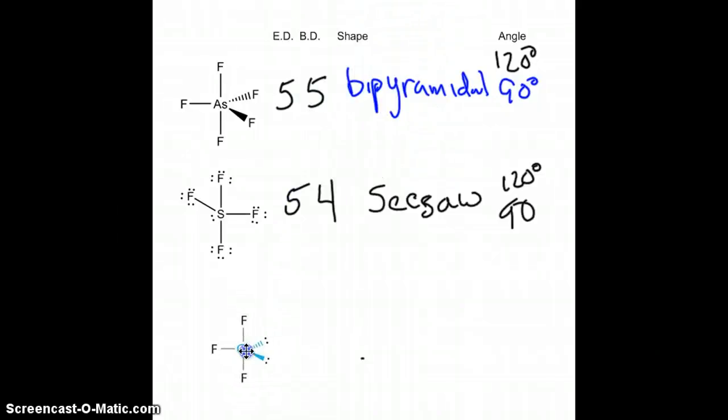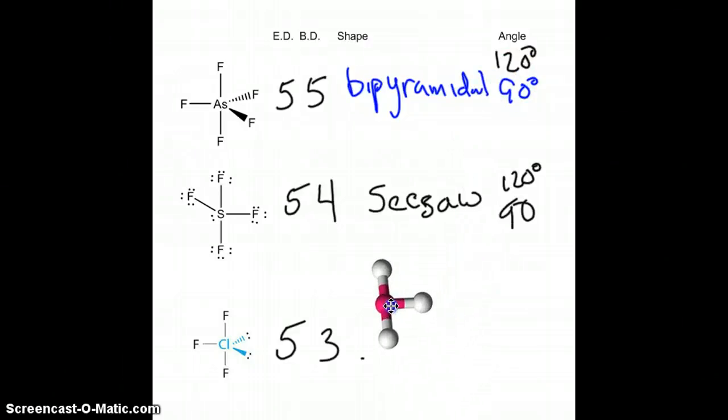Now we can come down here. We'll speed up a little bit, but this guy here has 3 bonding domains. It, of course, has 5 electron domains. And so now something funny happens with this one too, because when we do this, we lose another equatorial bond. And then when we lose the equatorial bond, we notice that now all we have left are these 2 90-degree angles.